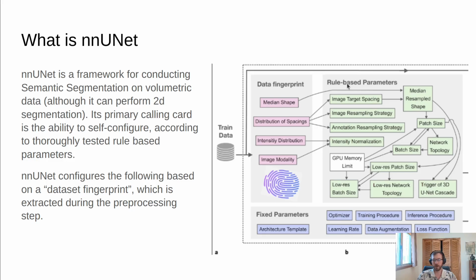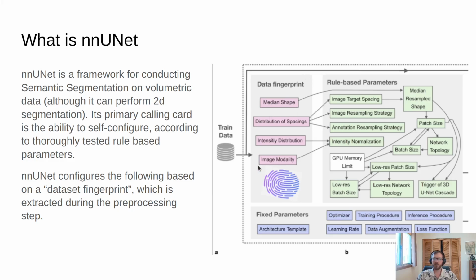During the pre-processing stage, it goes through all your data and tries to identify what you could consider best practices for handling the data. This is a thoroughly tested methodology, and nnUNet is very performant in medical imaging, which has a lot of similarities to what we're doing in that it usually uses CT scan data or MRI data, and it's volumetric data.